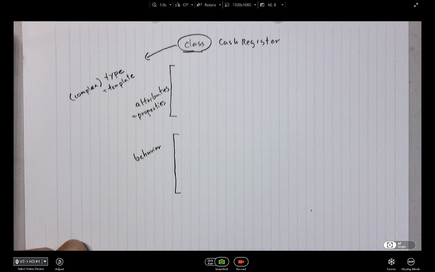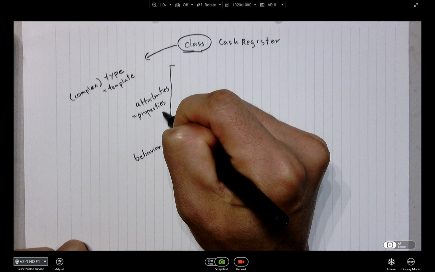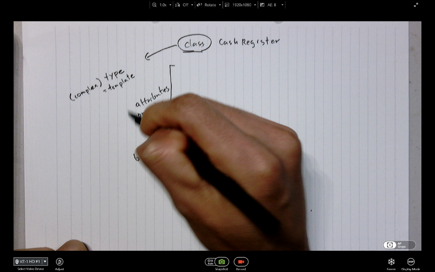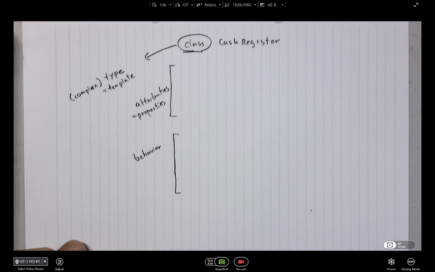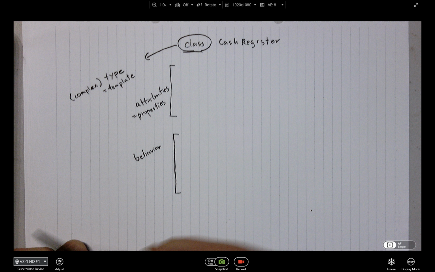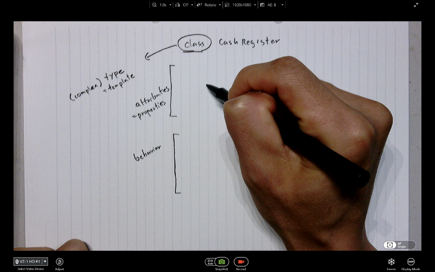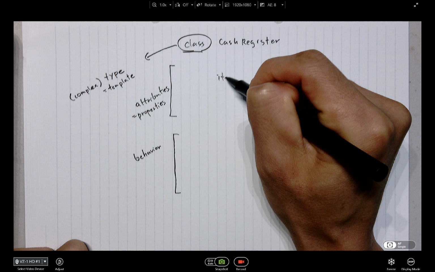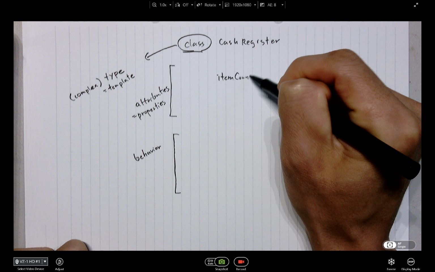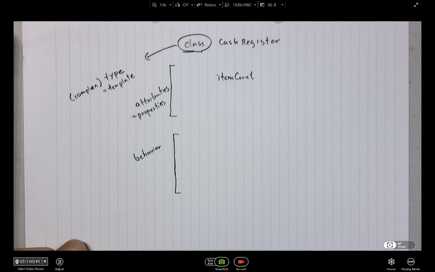Now, there could be many different attributes for this class, but let's just think of two properties, two characteristics. The first, I'll say item count. So basically this is the number of items purchased, right?